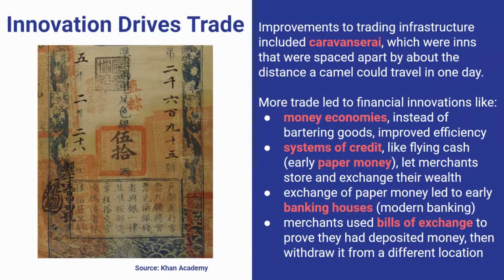As trade starts increasing, governments and people start thinking about ways to also improve the financial transactions that are going on. So we have financial innovations, like, first of all, the use of money inherently. We call them money economies, an economy based on money. If you think about it, imagine every time you went to the grocery store, you had to bring a bunch of your stuff and negotiate with the cashier about what you were going to trade for your groceries.